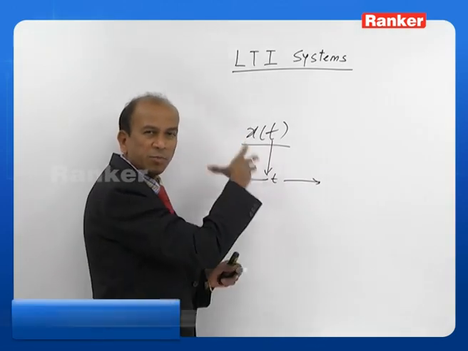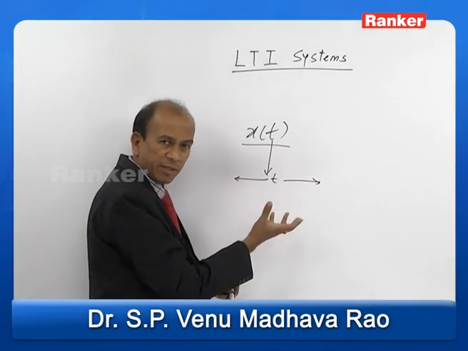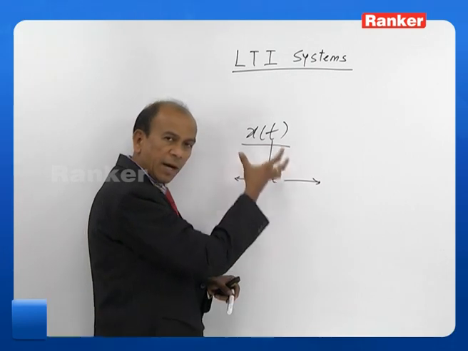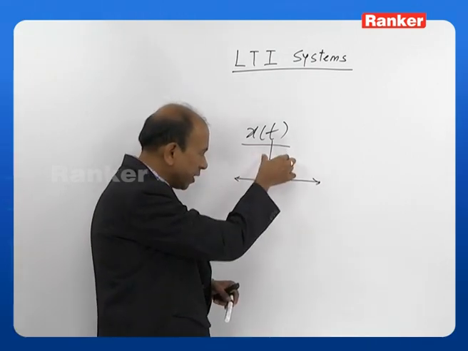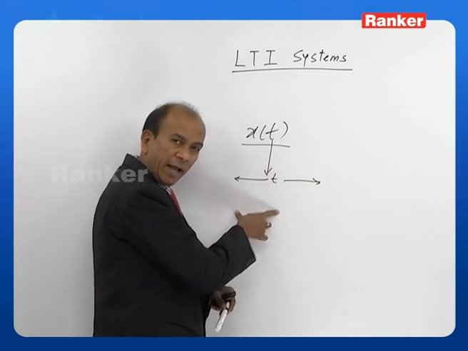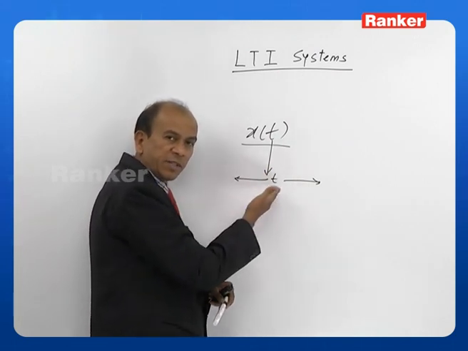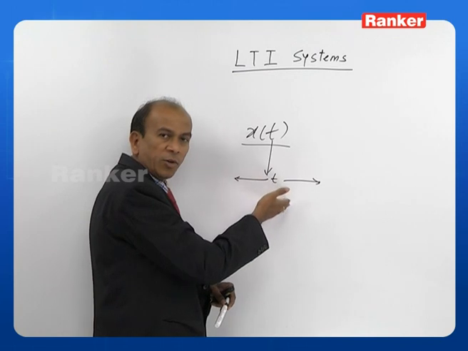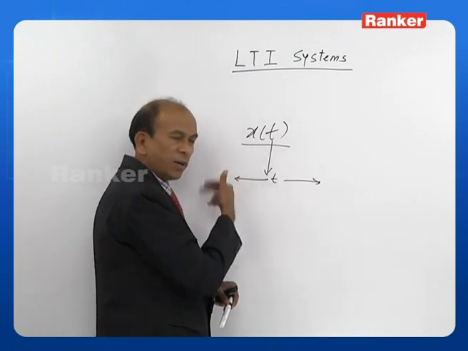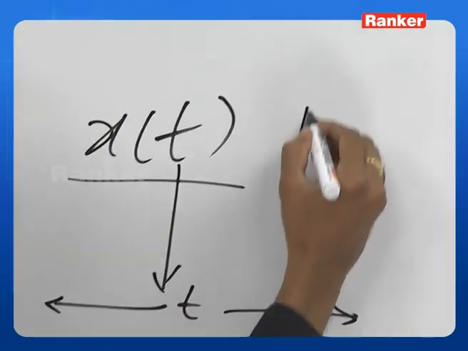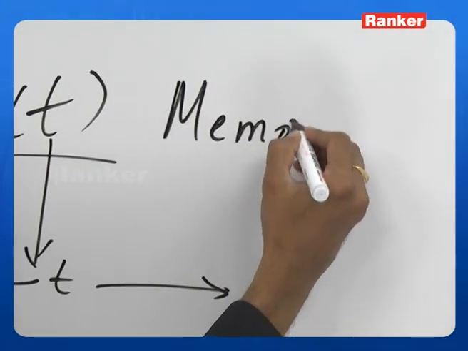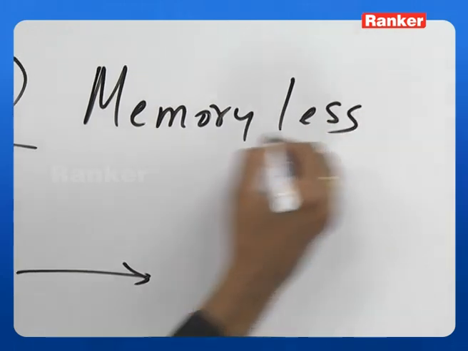So this type of system is called a static system or memoryless system, because at the instantaneous time t, it works only on that particular time, whereas the values present before, t1 or t2 whatever, are not taken into consideration in such systems. Such systems are called memoryless.